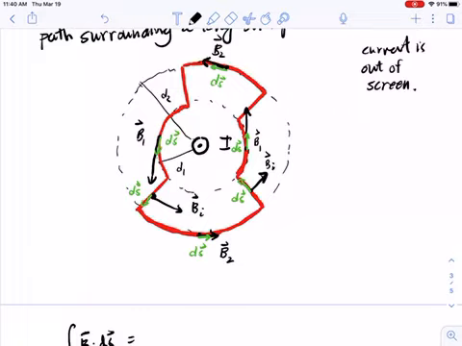B and ds are parallel to each other. So for this first segment, we would have B dot ds is going to be equal to, well, this is B2, so it's going to be B2 ds because they're parallel.